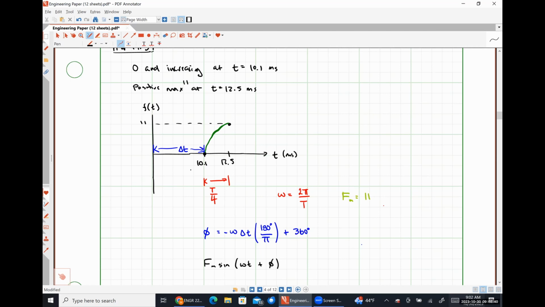Your particular signal actually goes through a full cycle during this delta t, because you have a poor set of numbers.